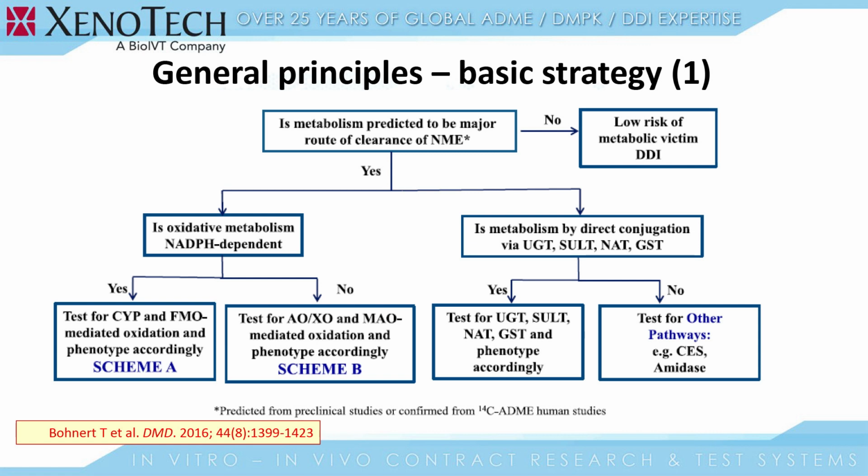Now, the other question to ask is, is the metabolism of the compound due to direct conjugation, so phase 2 metabolism, either via UGTs, SULTs, NAT, or GST? If it is, then we'll test for these various enzyme types and phenotype them accordingly. And if the metabolism is not by direct conjugation, we'll test other pathways, such as metabolism by carboxylesterases or amidase metabolism.